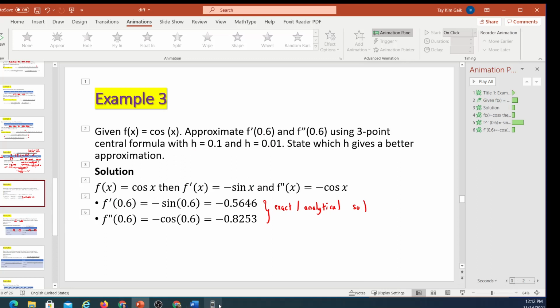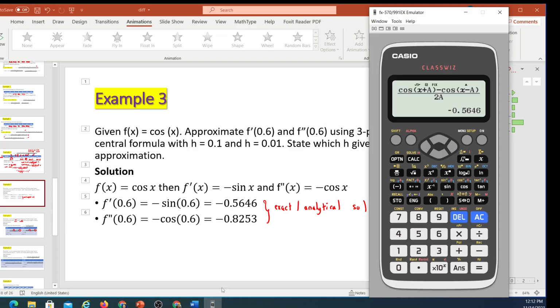So how do we get this absolute error? For the first derivative, the exact value is negative 0.5646.